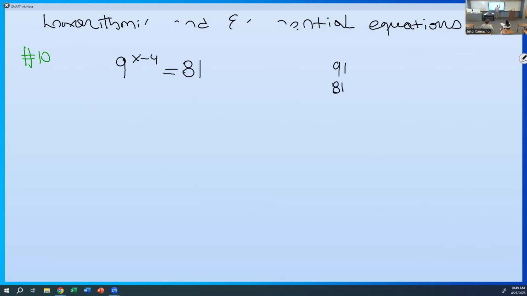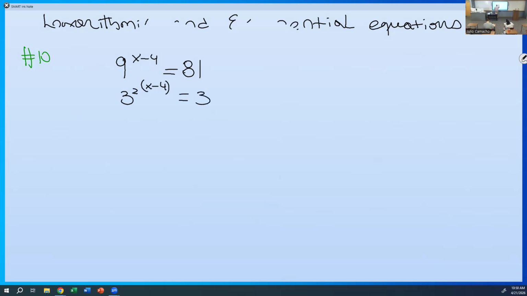So it's 3, because that is the least. To what number do I need to raise 3 to be 9? 2. So that is equal to 3 to the second power, to the x minus 4, is equal to 3 to what power?